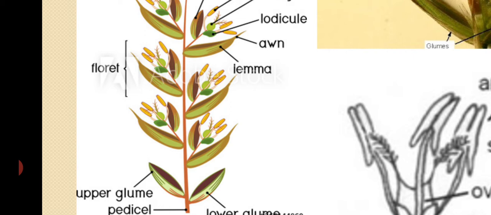The upper ones are fertile, and each of them subtends a simple flower in its axil. All the glumes above these two are fertile, and the fertile bract or glume which subtends the flower is called a lemma.